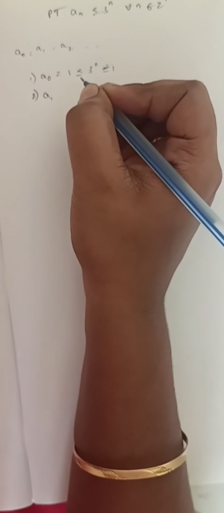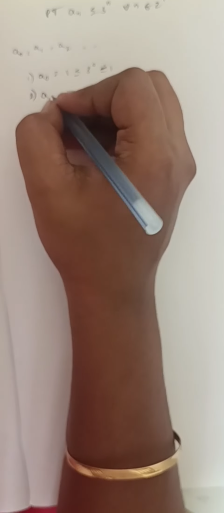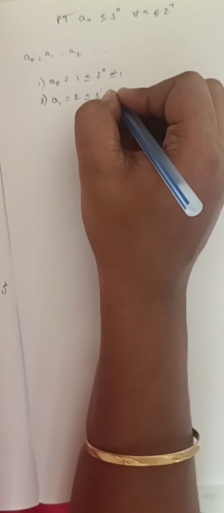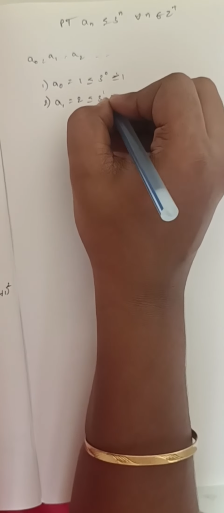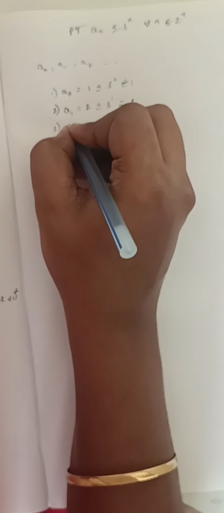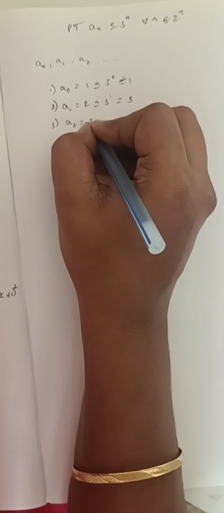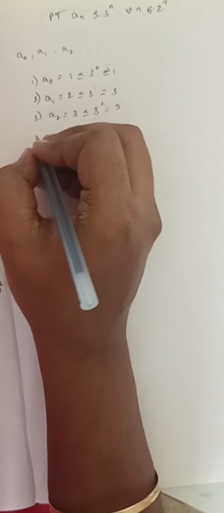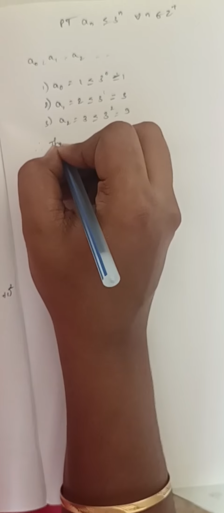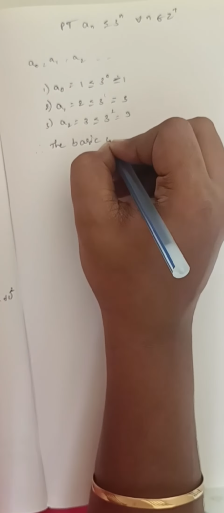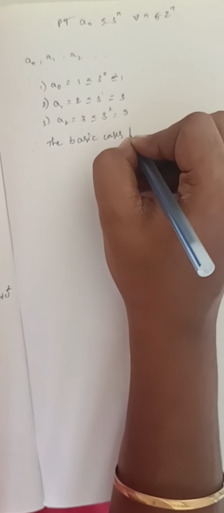Second one, a1 equal to 2 less than or equal to 3 power 1 equal to 3. Third one, a2 means 3 less than or equal to 3 square equal to 9. Therefore, the basic cases hold true.